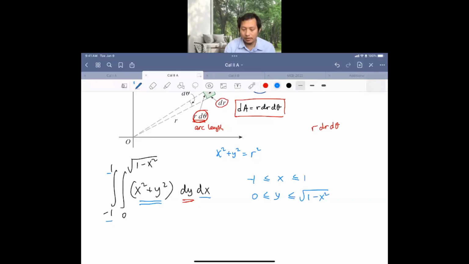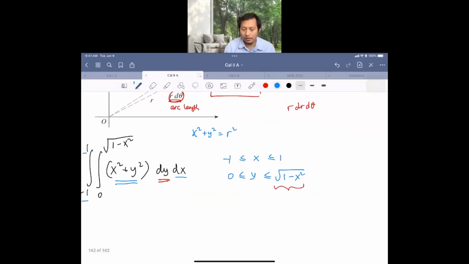And we can actually see that if we look at these limits, we can write the equation in terms of y as a circle with radius 1. So we are dealing with a circle, or to be precise, a half circle because we start from 0.